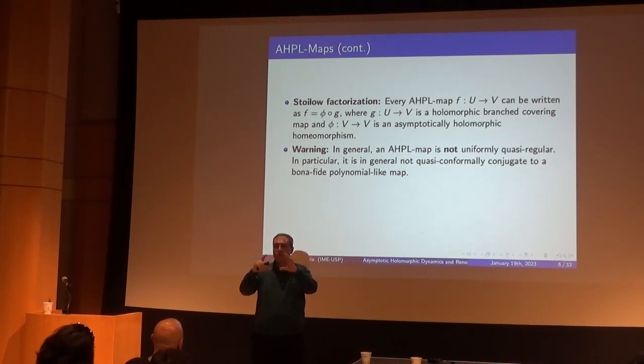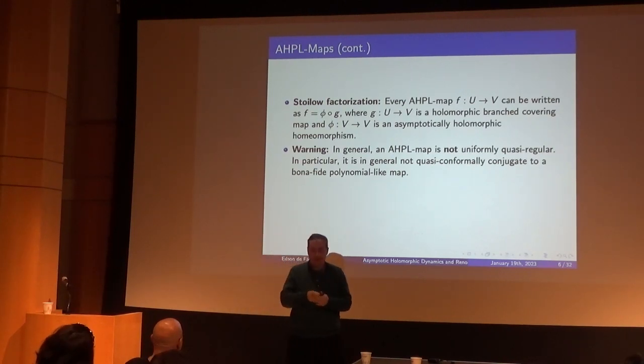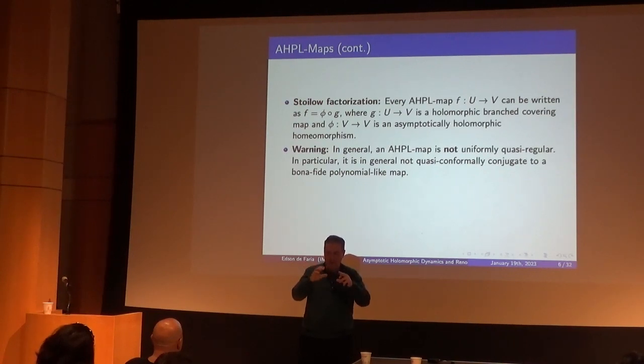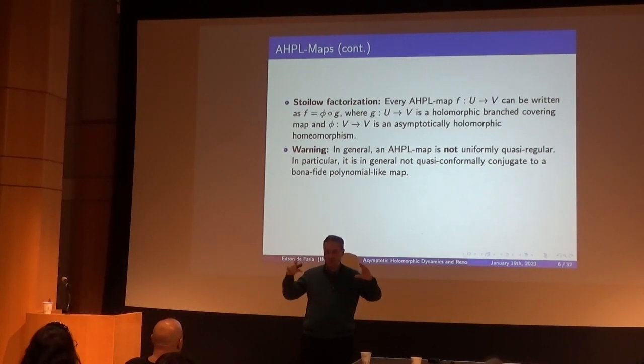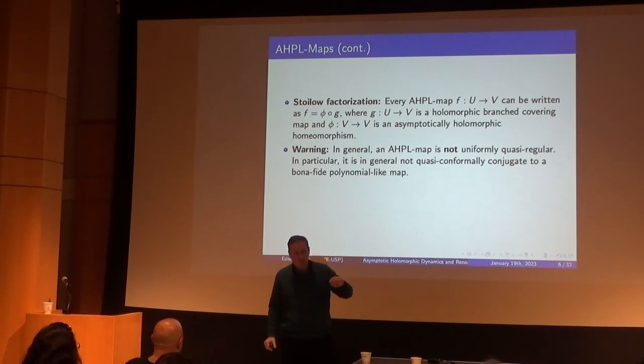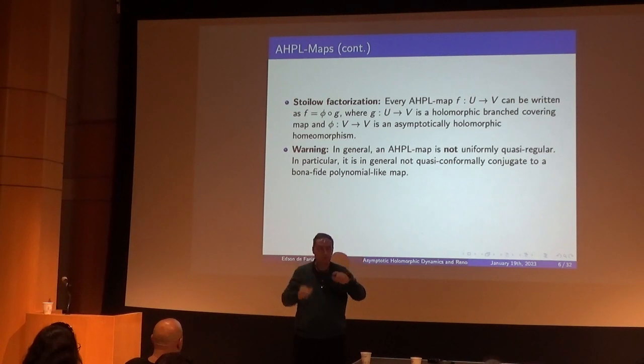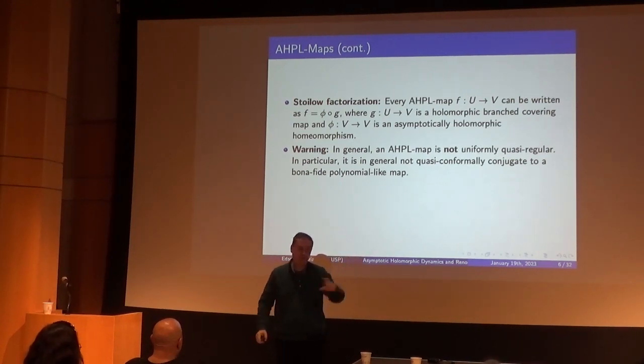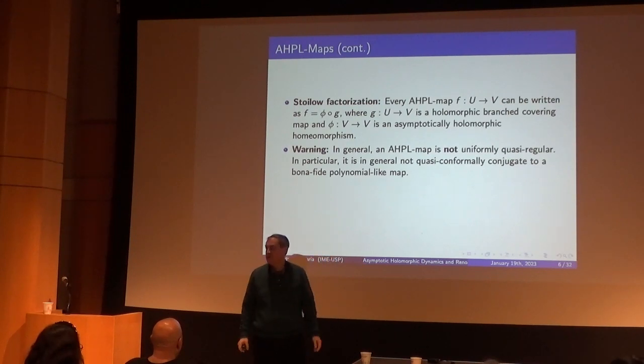Now imagine that you have a map like one of these that also has an attracting fixed point, but the fixed point has two different eigenvalues. So the disk is going to be mapped to an ellipse, and as you iterate this picture, the ellipse is going to get thinner and thinner. So the moduli of the annuli in this picture go to 0, or to infinity, depending on how you look at the modulus.